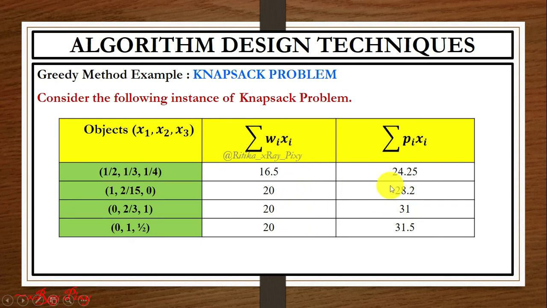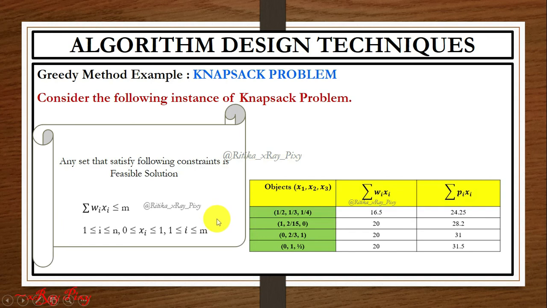Here you can see, as we know that if any set satisfies the following constraint, then it is known as a feasible solution. And you can see we have certain feasible solutions and then we have profit. Now we need to find out the maximum profit.